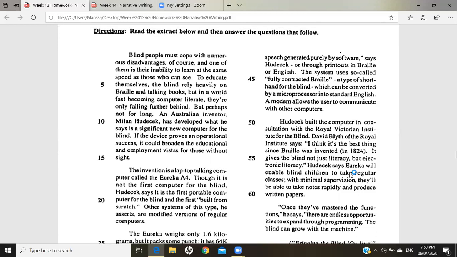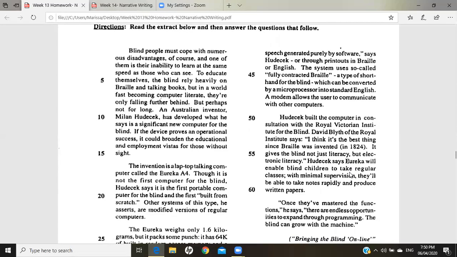They mentioned in terms of their education and employment. And it would even help them because blind people aren't typically computer literate, because they have to look on a computer. So it would really help them to learn at the speed of others as well.